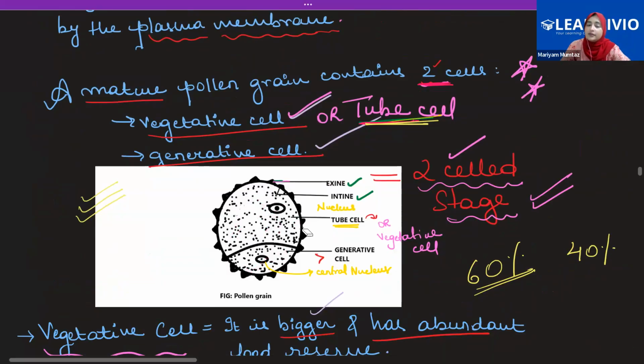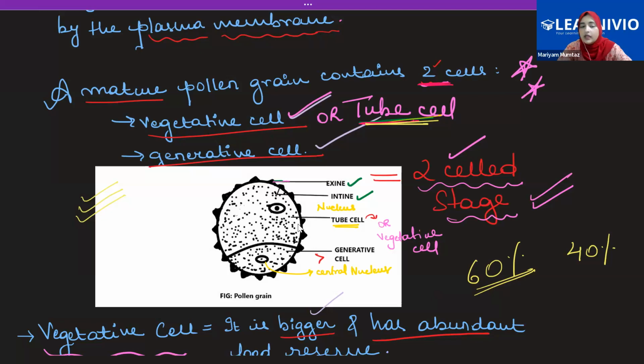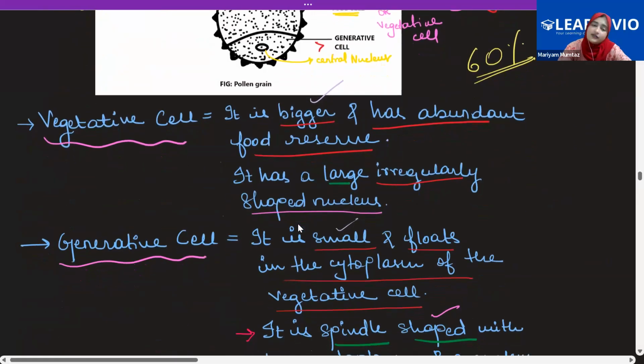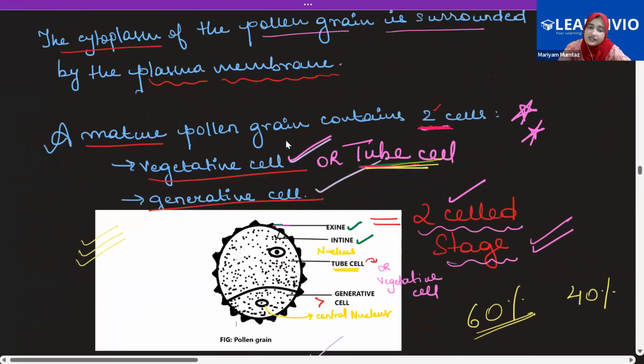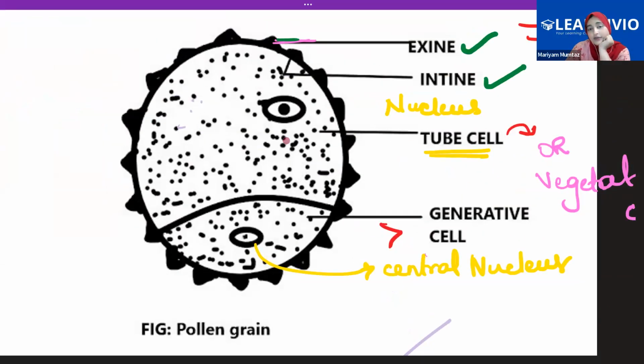The bigger cell of the pollen grain is called the vegetative cell or the tube cell, whereas the smaller one is called the generative cell. Now, the vegetative cell is obviously bigger in size, as you can see in this diagram. It has a nucleus that is shifted to one area and it has a lot of cytoplasm throughout.